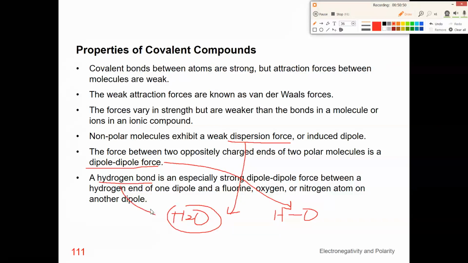Also, hydrogen bonding exists. So in water, all three kinds of interaction exist. However, in oxygen gas, only dispersion force exists, because the bond is nonpolar. So there's no dipole force and no hydrogen bond.